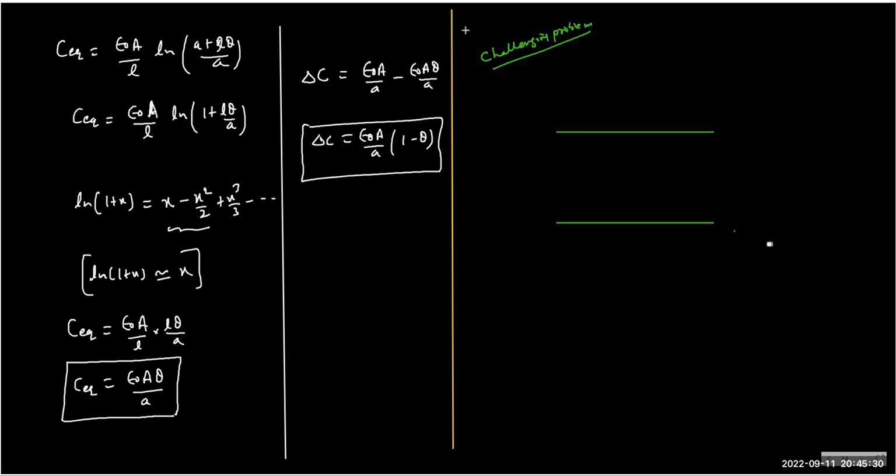So in this problem, the space between the capacitor plates is divided into two dielectrics. The top one is filled with some sort of dielectric, and the bottom is filled with a dielectric like this.